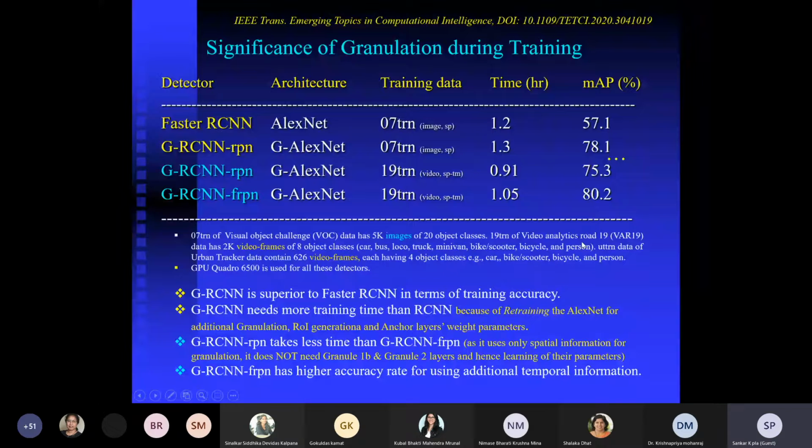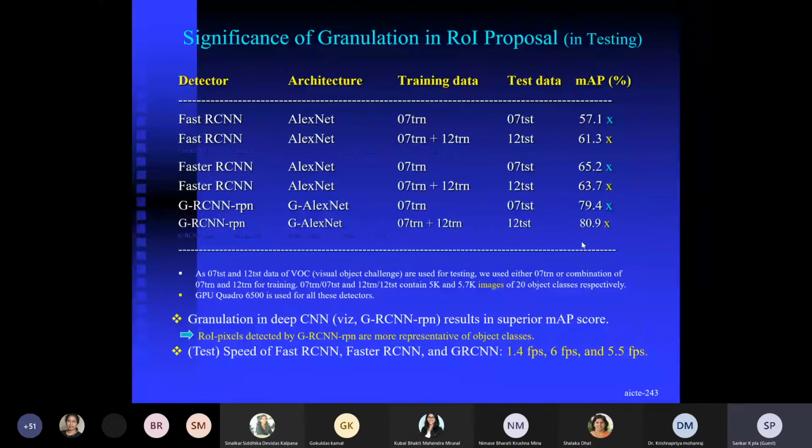Similarly, if you go by the detection accuracy, that is the testing time, you see that first AlexNet, first RCNN, then you have faster RCNN, then GRCNN. Mean accuracy 57 improved to 65 for faster RCNN, and GRCNN 79.